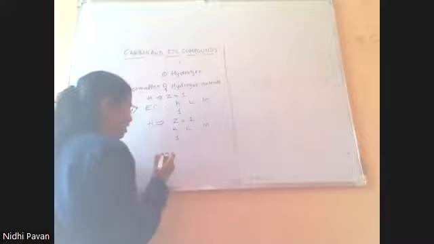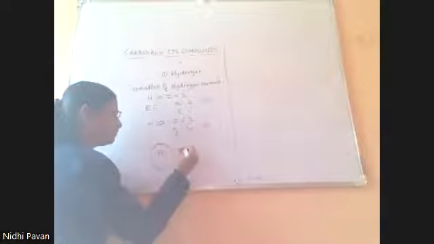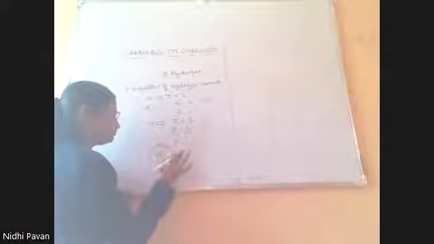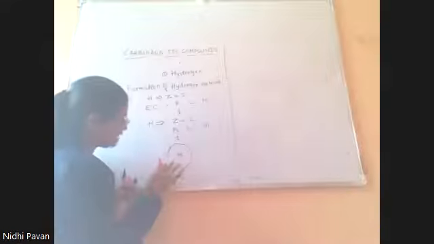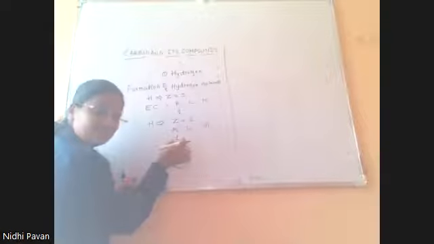Here we will draw two circles for hydrogen. How many electrons are there in the outer shell of hydrogen?